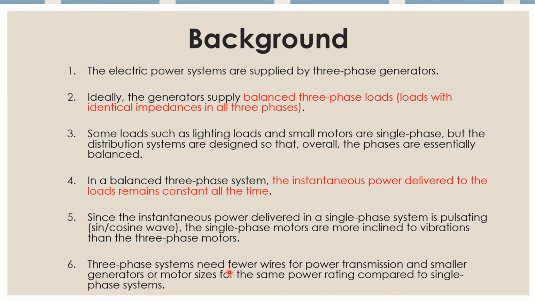So it means that a three-phase system needs fewer wires for the power transmission, and we require a smaller generator and also motor size for the same power rating as a single-phase system. That's why in industry, we prefer the three-phase system compared to the single-phase system, because it delivers more power with less wire.